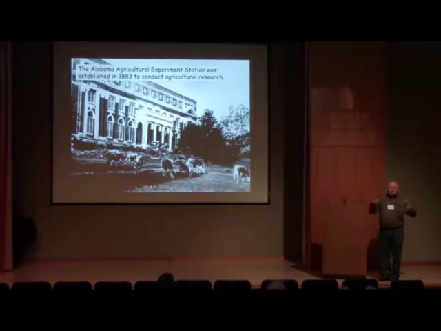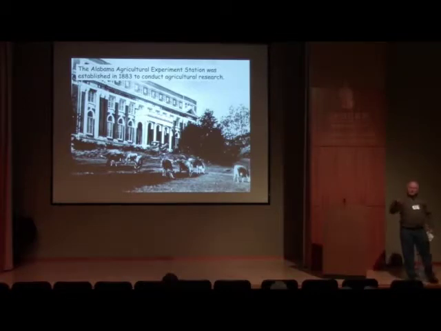There was no scientific basis for what they had to teach. So to create that scientific basis, the Alabama legislature created the Alabama Agricultural Experiment Station in 1883 to conduct research. So now we had the teaching and we had the research part.